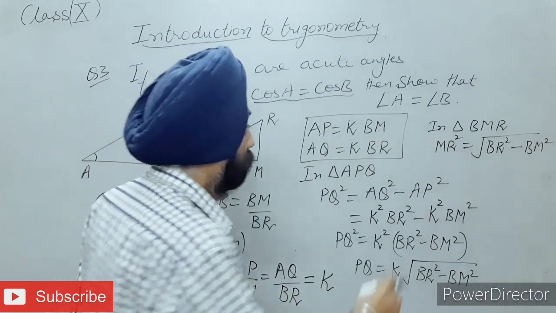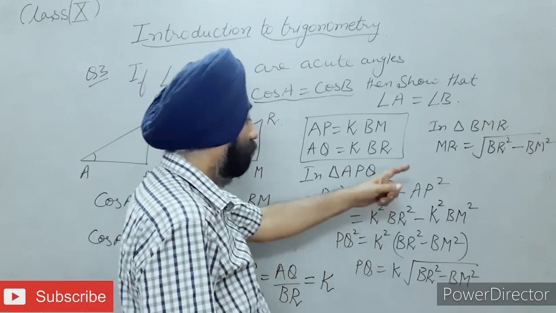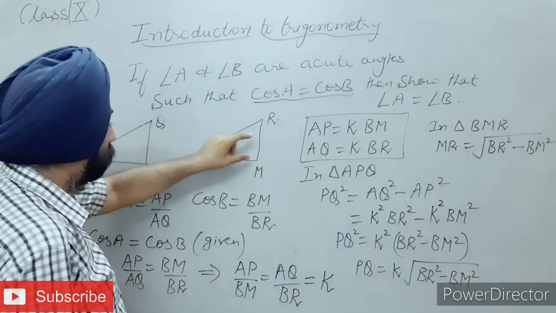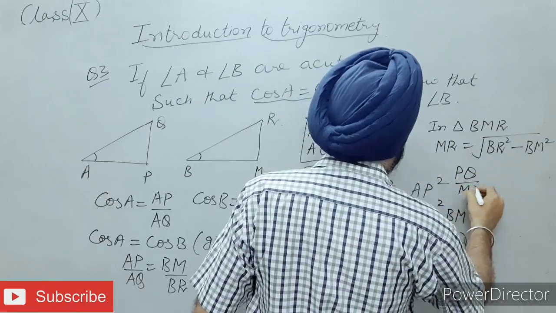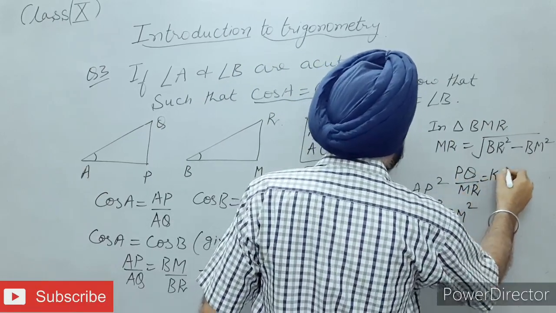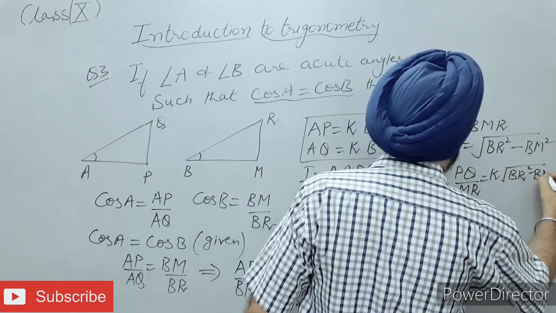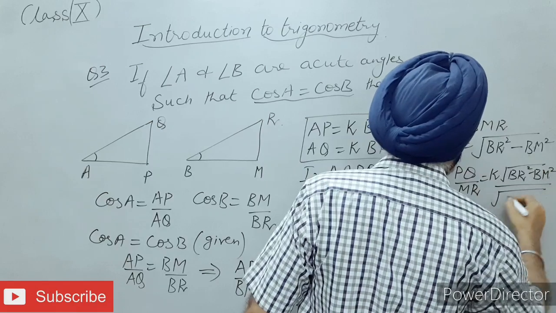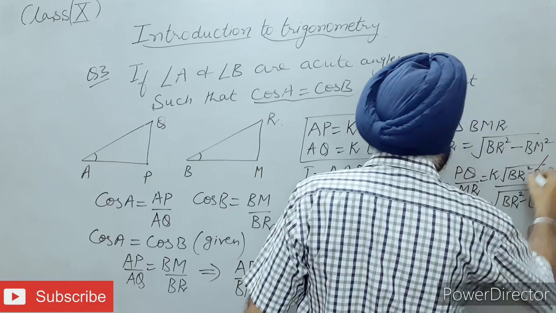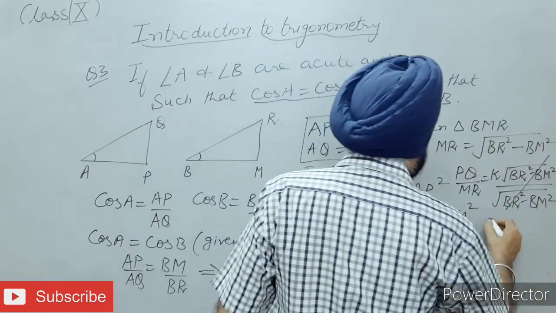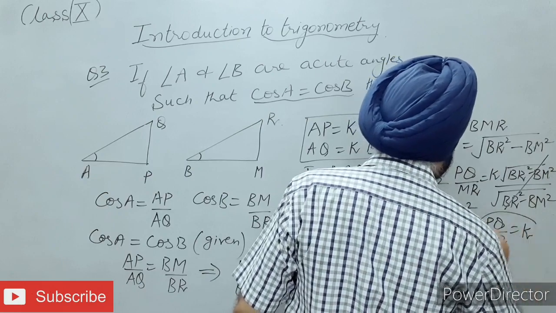Now take the ratio of PQ upon MR. I get K times under root of BR square minus BM square divided by under root of BR square minus BM square. This cancels out. PQ upon MR is equal to K.